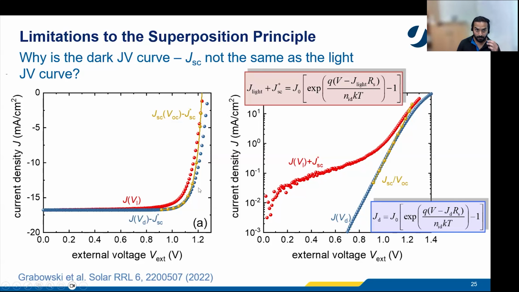If the superposition principle was correct in theory, then the red and the blue should be overlapping, which they do not, right? So there's a fundamental difference here. To further understand this, you can also measure the short circuit current of the solar cell at a given light intensity, and then measure the corresponding VOC at the same light intensity and plot that JV curve for different light intensities.